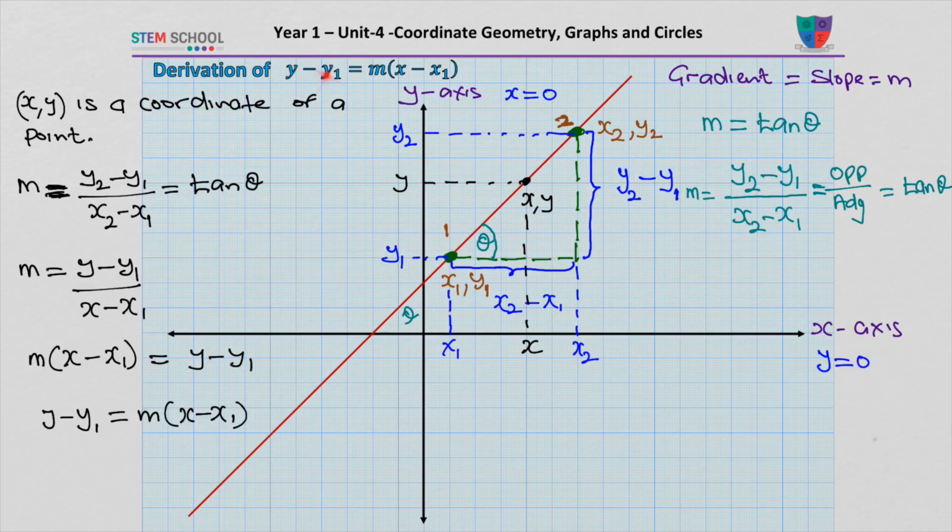So now we've derived the first equation of coordinate geometry: y minus y1 equals m into bracket x minus x1. So to find the coordinate geometry equation of a straight line, in this case you only need m and one coordinate, x1, y1.